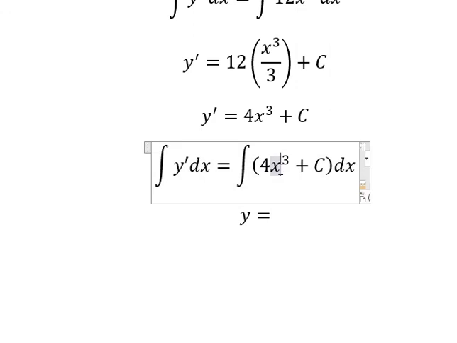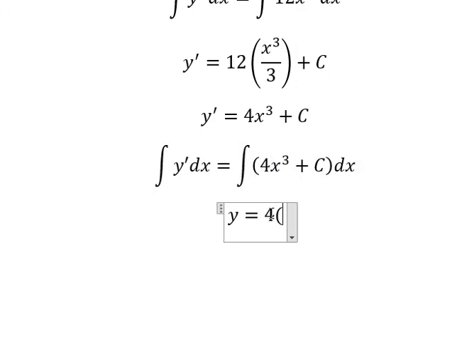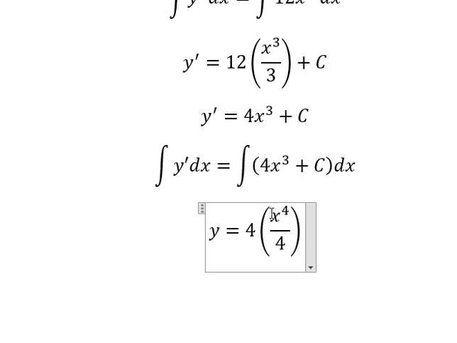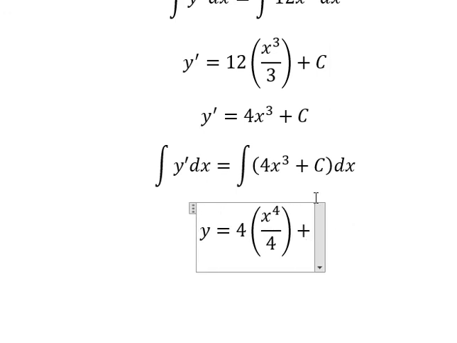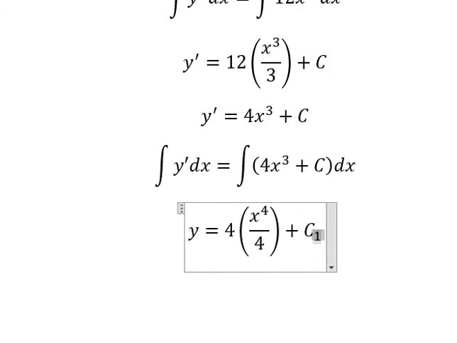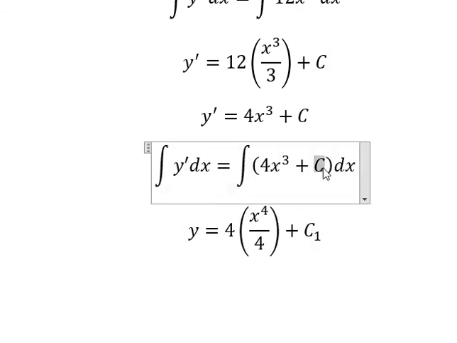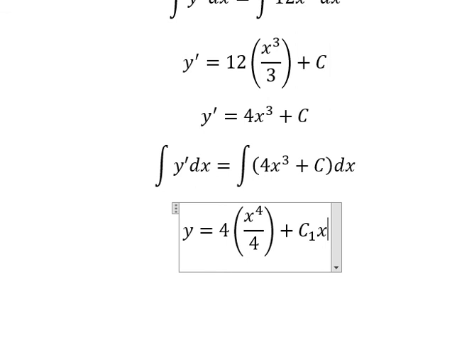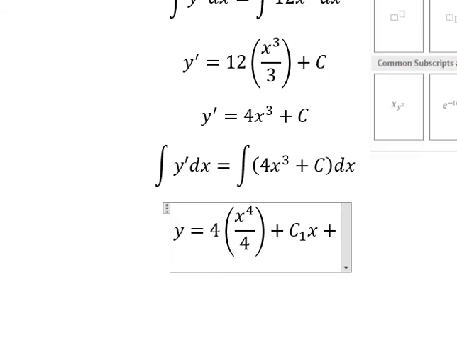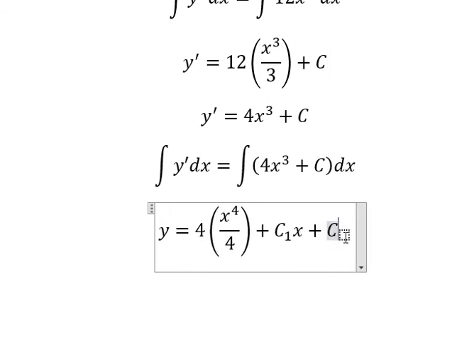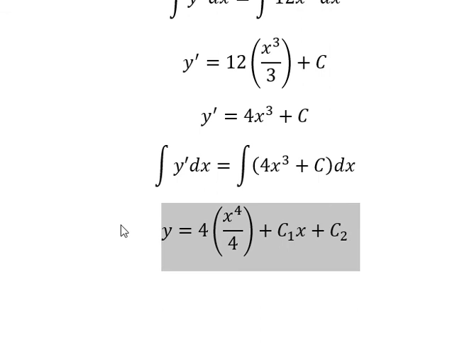The integration of s to the power of 3, we have s to the power of 4 over 4, and I will put c1 s, because the integration of the constant, you get s in here, and we have c2, that is the constant number 2.